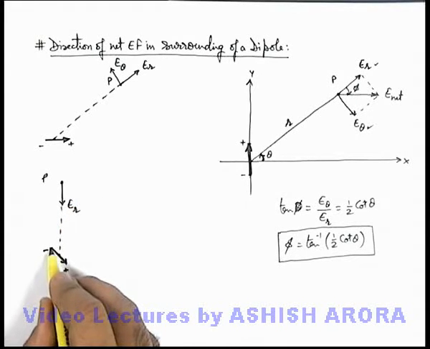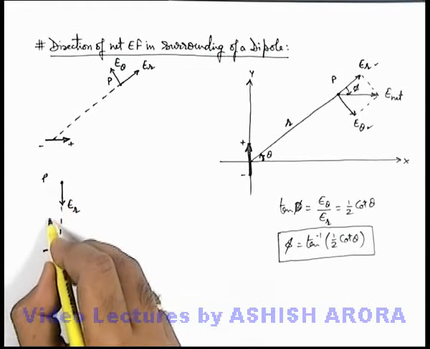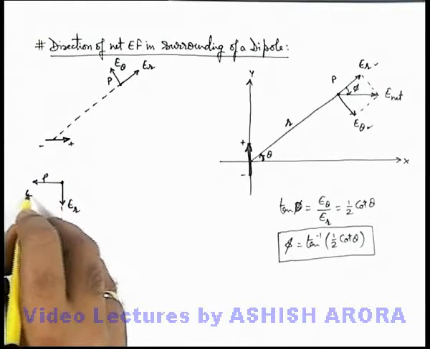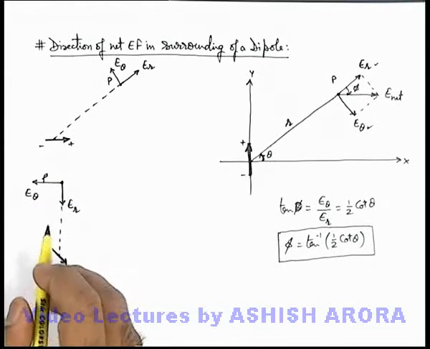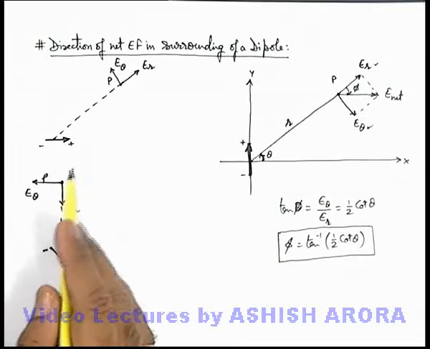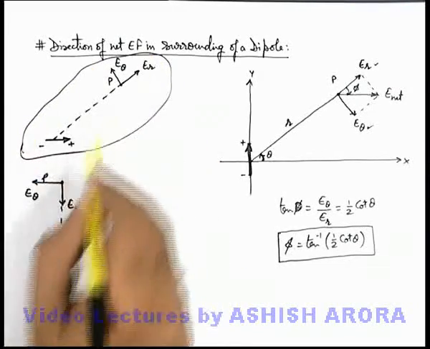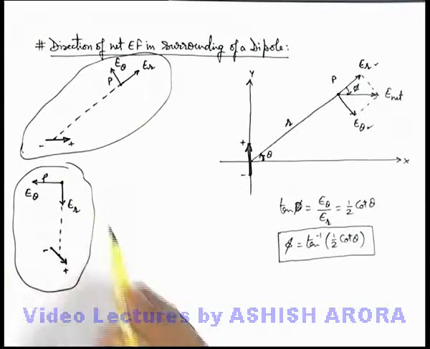Due to the negative end the electric field will be in this direction, due to positive it is in this direction, so we can see a transverse electric field exists in this direction. So I hope you are clear with the way we calculate the directions of ER and E theta in this case or in this case.